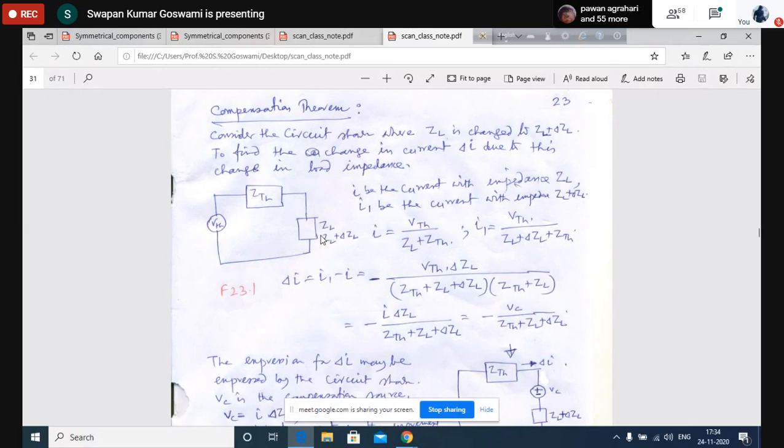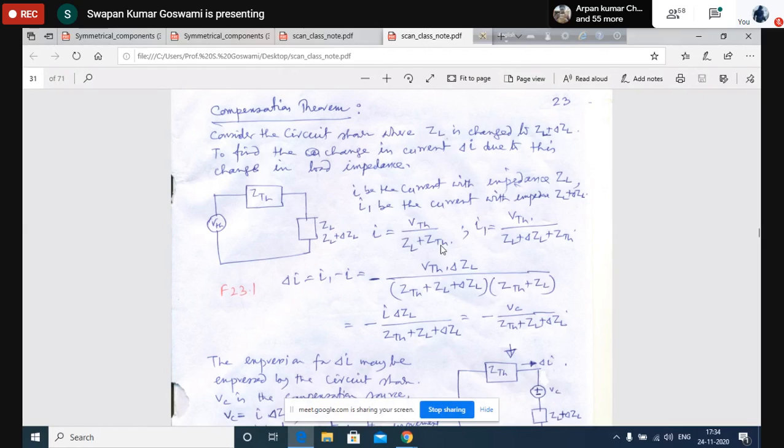So what can we do to establish this method? Let us first find out the current that will flow through this circuit when ZL is connected. V Thevenin is the voltage, Z Thevenin is the impedance, and ZL is this branch impedance. So V Thevenin divided by ZL plus Z Thevenin will be the current.